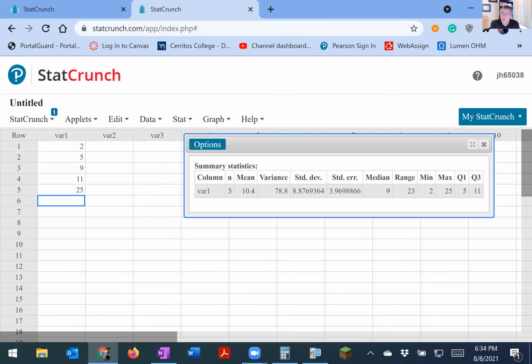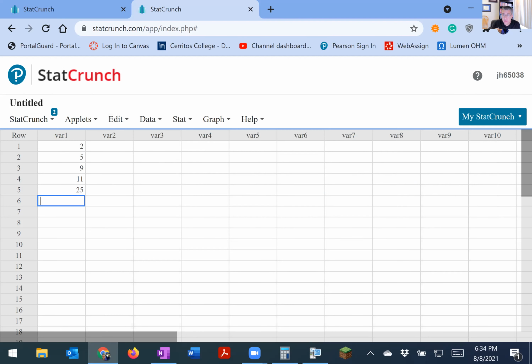If I were dividing by 5, if this was a population, I have to do the same thing, but I have to add in what's called an unadjusted standard deviation. So I'm going to do the same thing here.